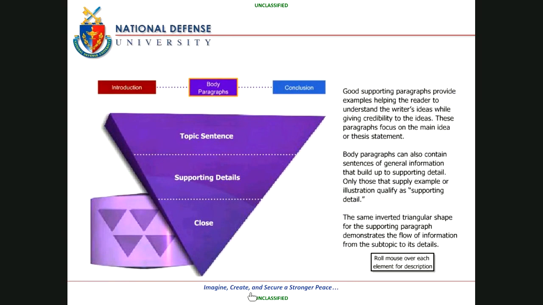Go, Maxine. I think it's the main idea of the paragraph. Yes, exactly. The main idea of a paragraph, but a topic sentence should also be something that is arguable. Yes, it is a subheading, right? So your topic sentence should relate back to your thesis, but it's also something that's arguable.